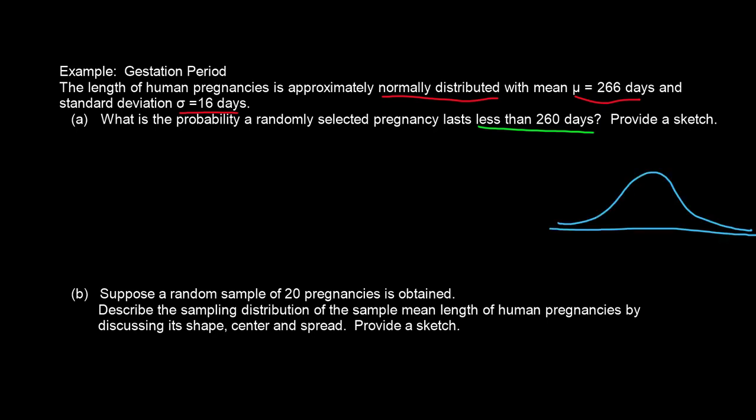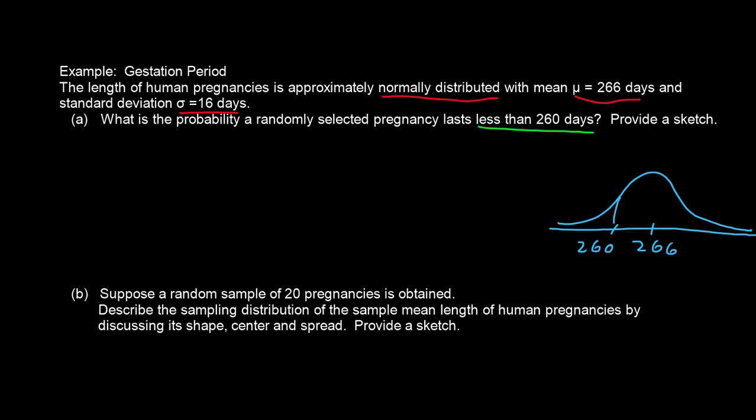So this is our variable, we'll call it x for length. We're given the mean, 266, and we want to find the probability that an individual pregnancy lasts 260 days or less.